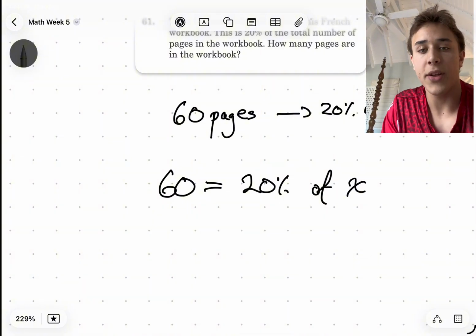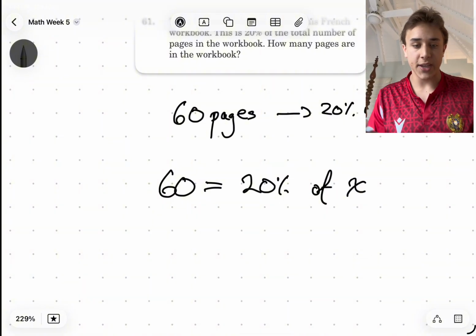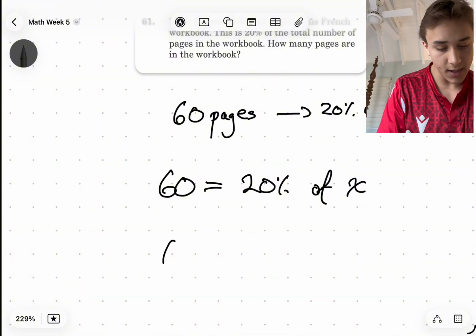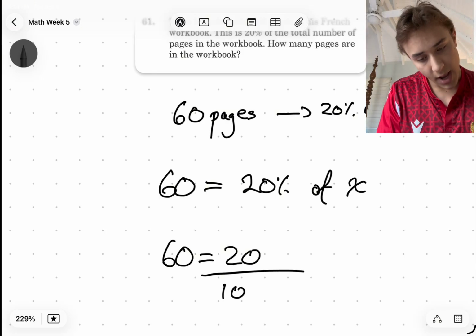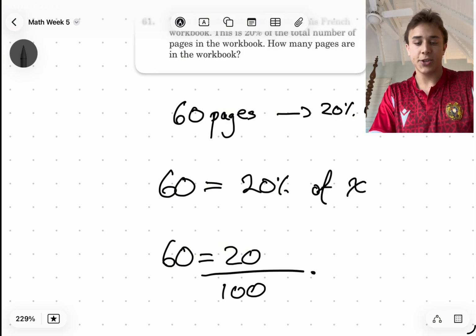Remember that 20% is just the same as saying 20 over 100. So 60 equals 20 over 100, and remember, "of" means multiplication in word problems.